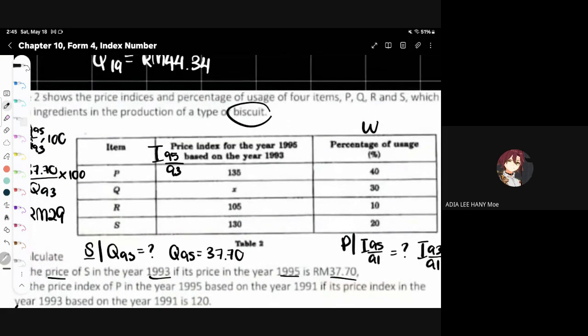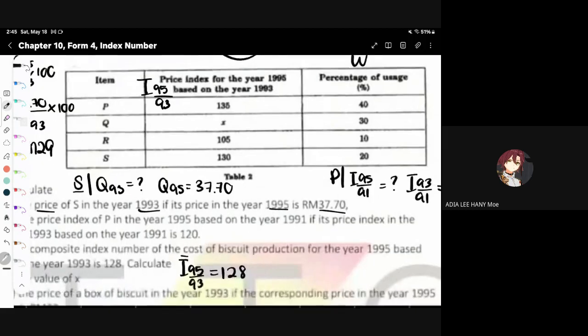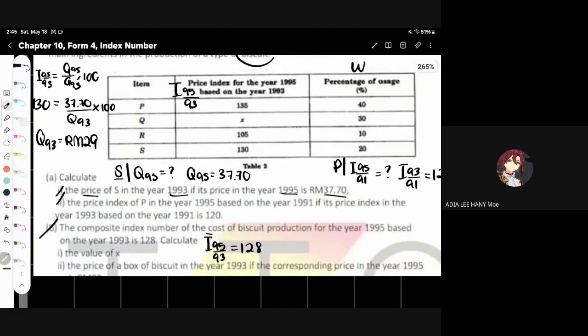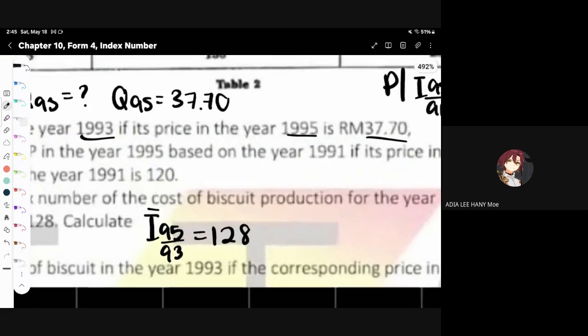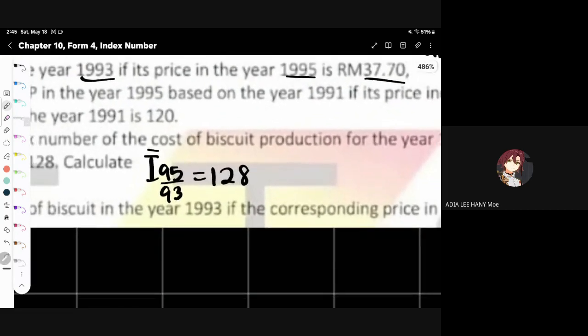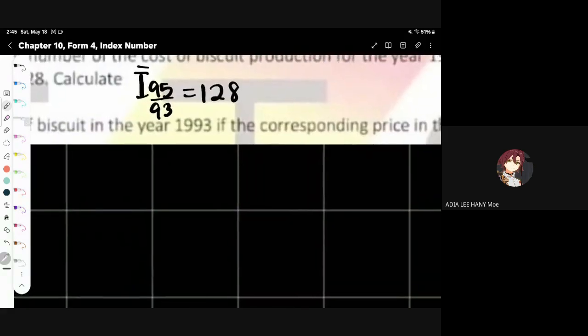Where is it? This one here. They say the composite index in the year is 128. Calculate the value of X. So what is the formula of the composite index again? It is this one, remember?